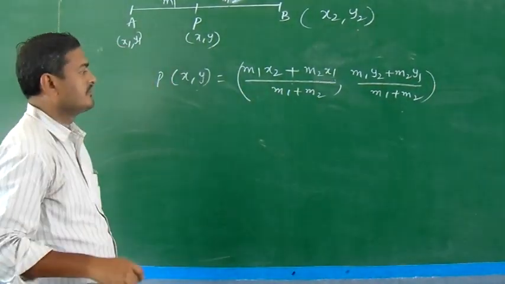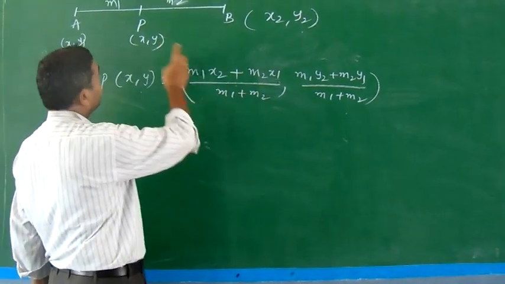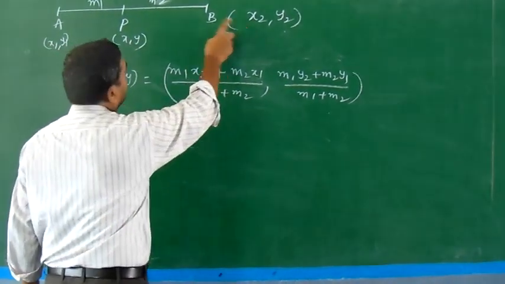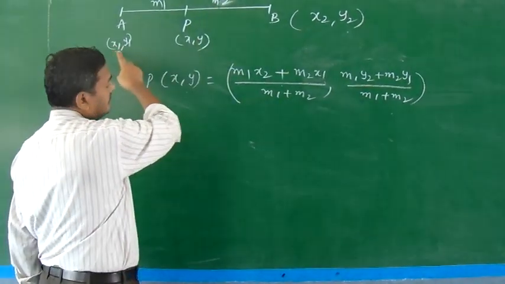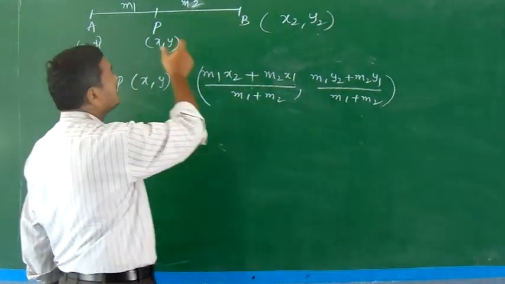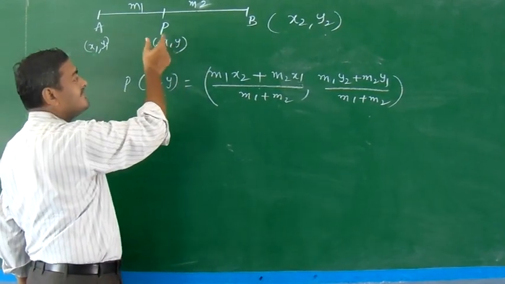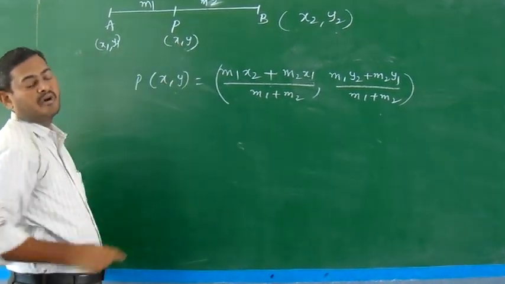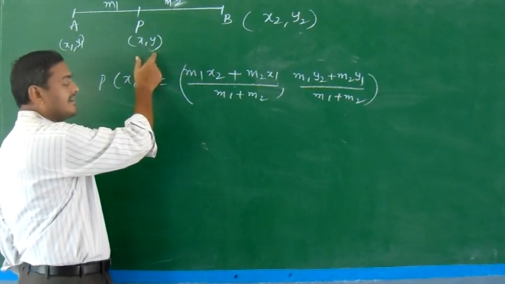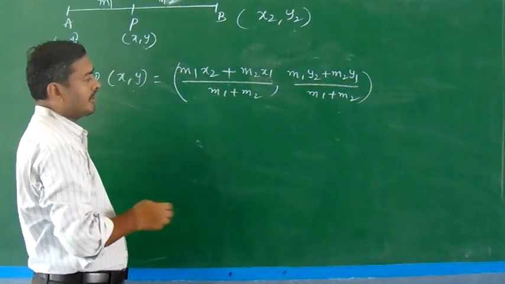This is the section formula. Once again, see the formula: m1 x2 plus m2 x1 by m1 plus m2. So P is here, joining the points A and B. P internally divides the points.